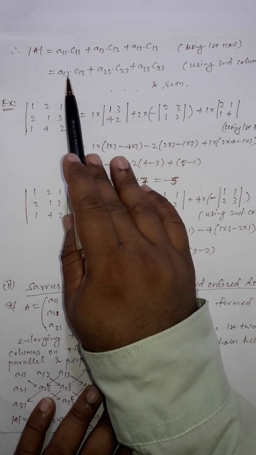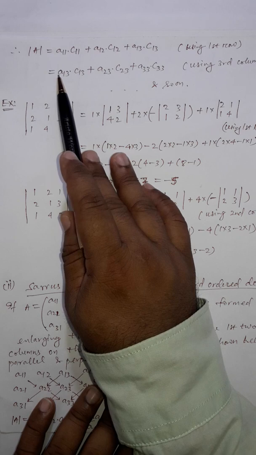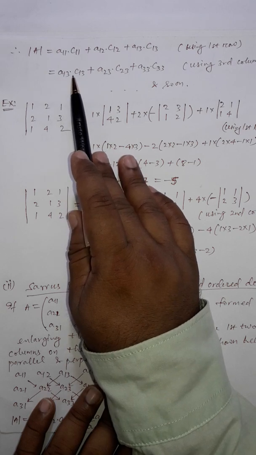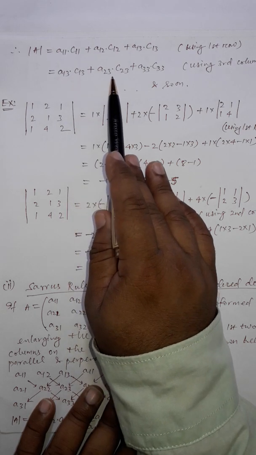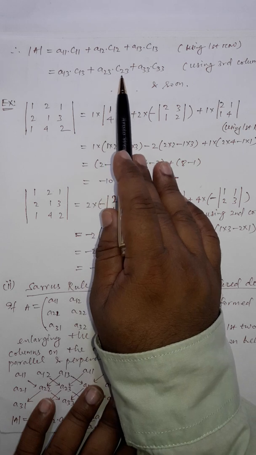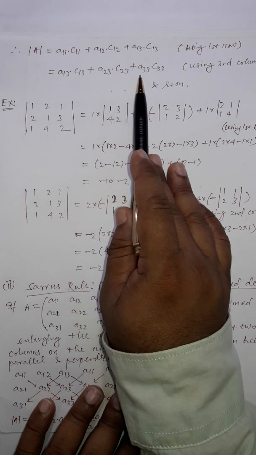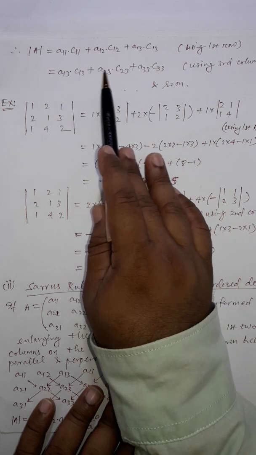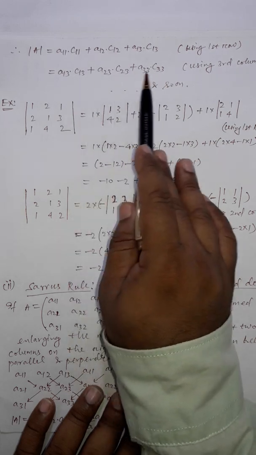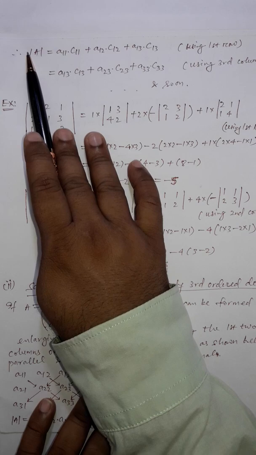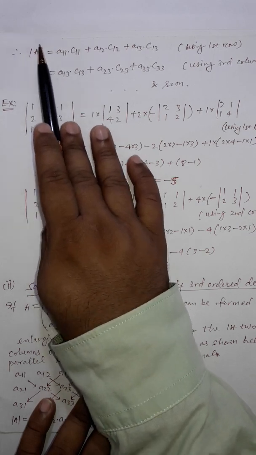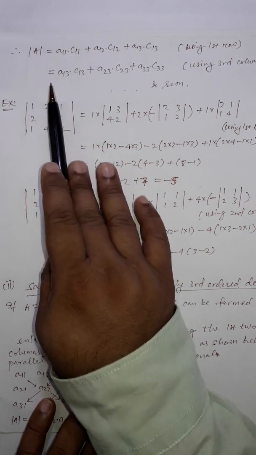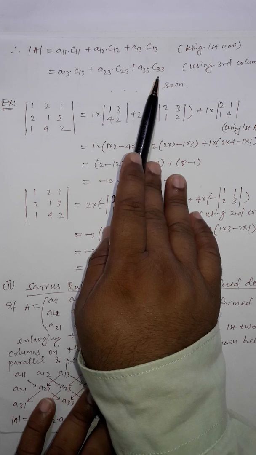So, you multiply their own cofactors with them, that means A13 multiplied with C13 and A23 multiplied with C23 and A33 multiplied with C33, and you add the 3 products, and the result will be again the same fixed number, which is equal to the determinant of the matrix to which these elements belong.